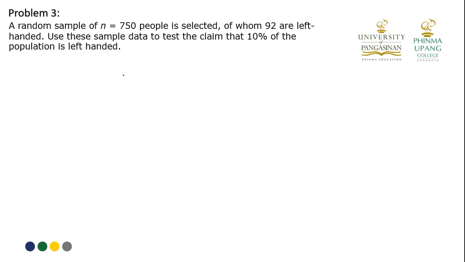Next. So, yung last problem natin sa ating day 24. Given natin, n is 750, 92 are left-handed. Sir, anong direction nito? Is it less than because of the word left? Hindi po. Kasi yung parameter natin is left-handed ang pinag-uusapan. Hindi po yan direction.